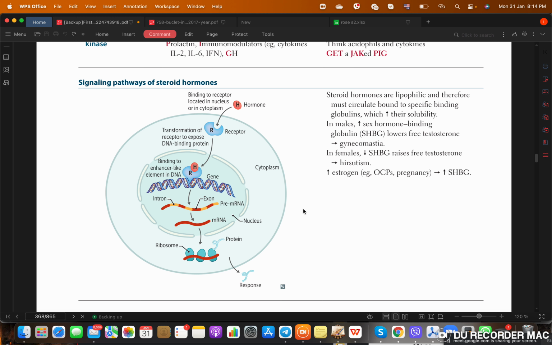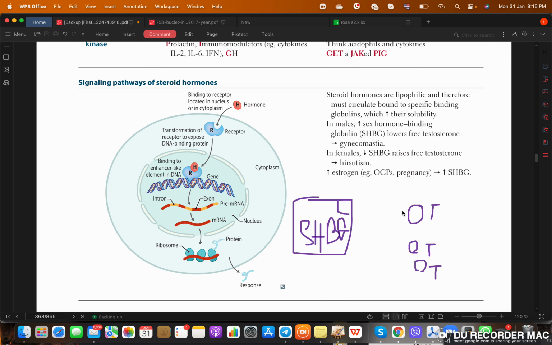Let me explain this. So there is a protein called sex hormone binding globulin. Let's consider that this is the guy. If you have 3 testosterones, okay, and you have one sex hormone binding globulin, it can only fit one. So one will be bound and 2 will be free. Which one is active? Is it the free one or the bound one?